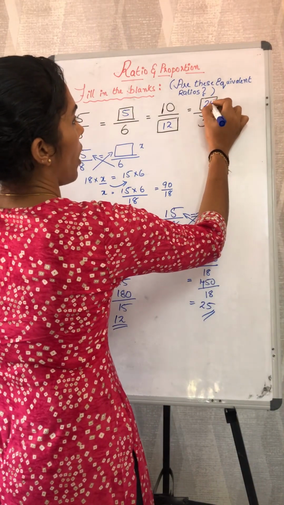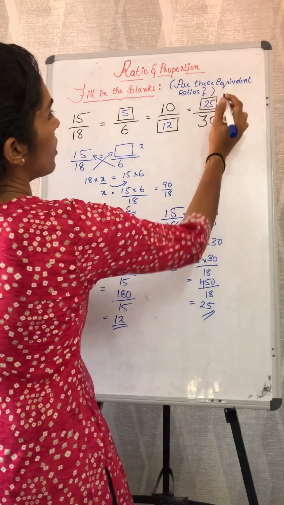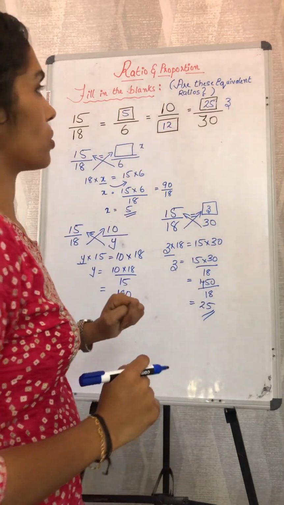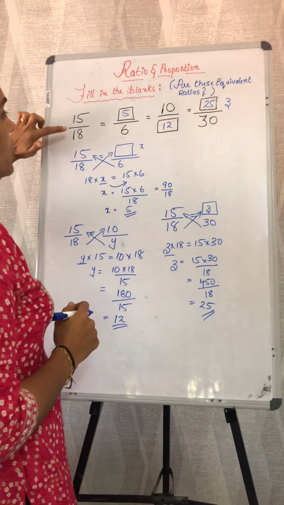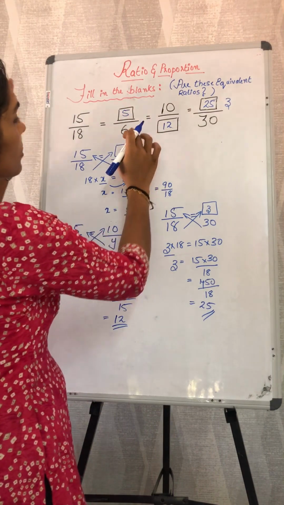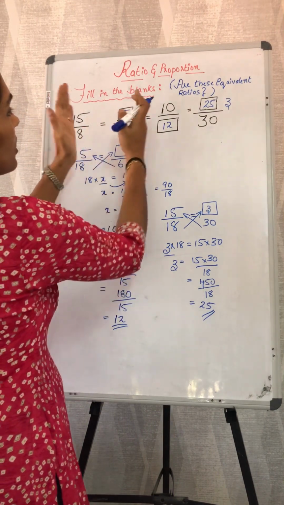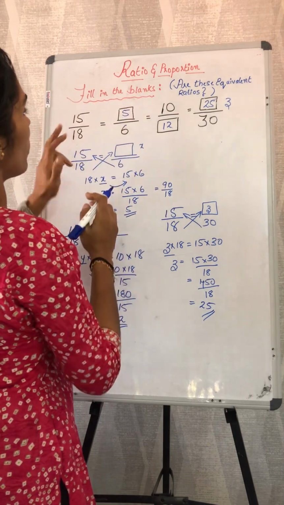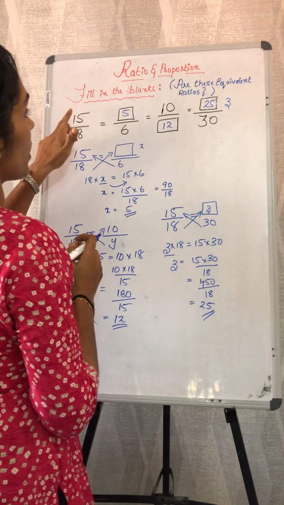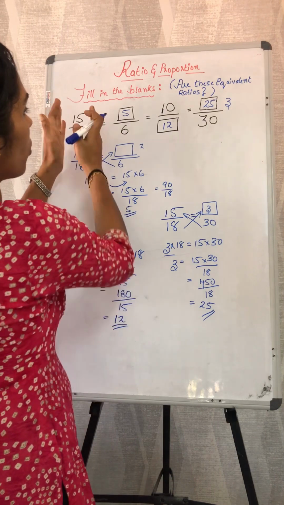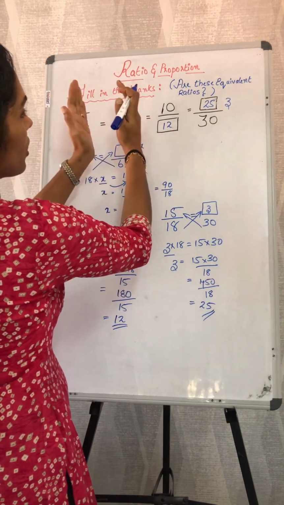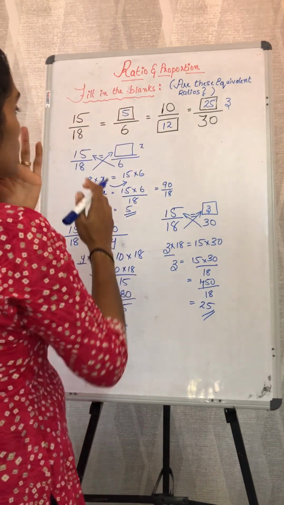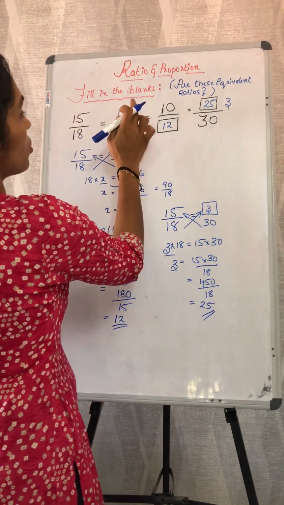This is 25. So now what is being asked here? Are these equivalent ratios? So how will you find that these are equivalent ratios? See here, 15 by 18 and 5 by 6. You can see that this ratio is comparatively small. 15 is bigger than this 5. So something needs to be divided to come to the smaller one. That is, you have to come to the lowest form.